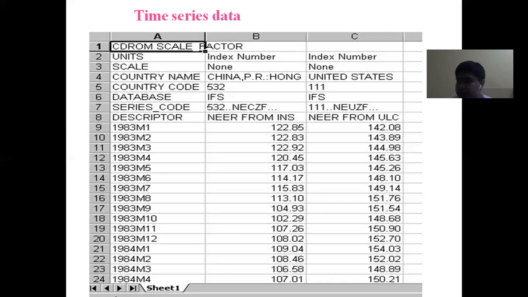For example, we are doing research. We are trying to know, is there any relationship between the inflation rate and economic growth? So we are using time series data. Time series data is like 99% secondary data, so you do not collect it yourself.